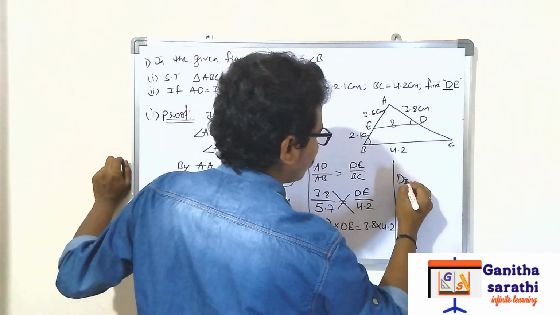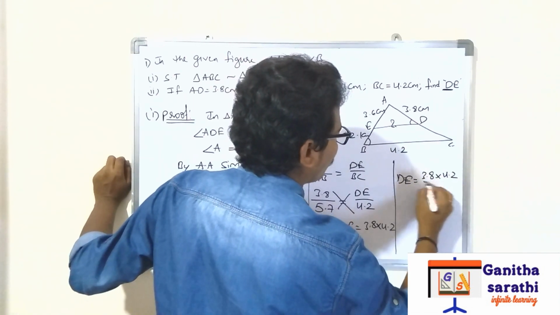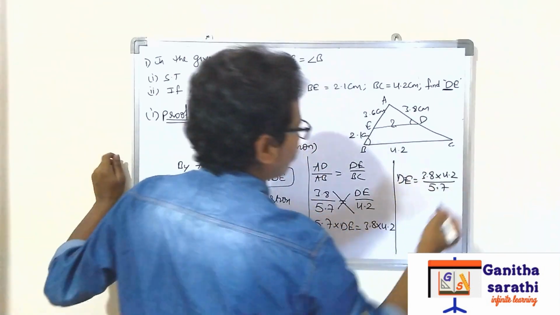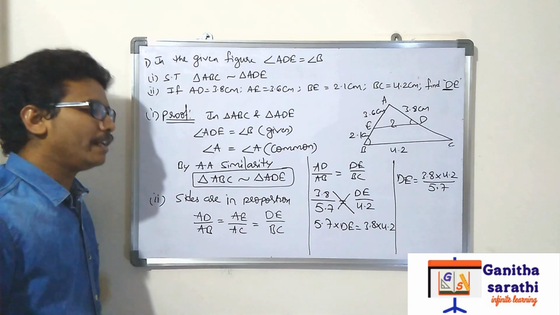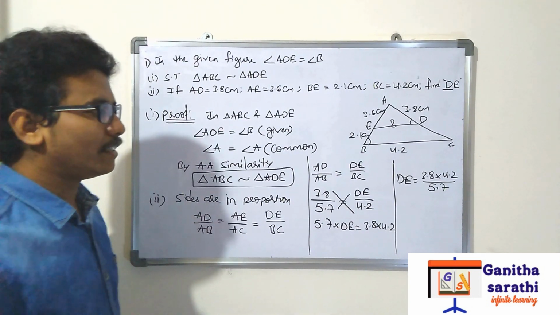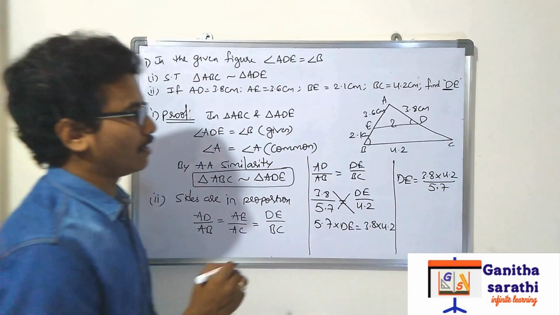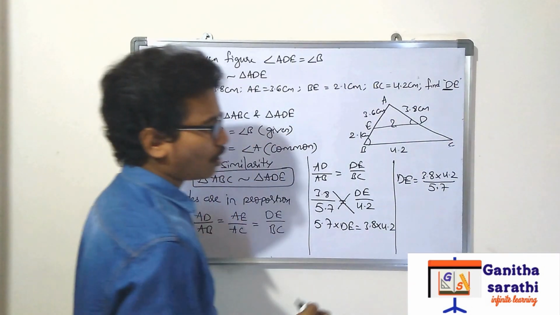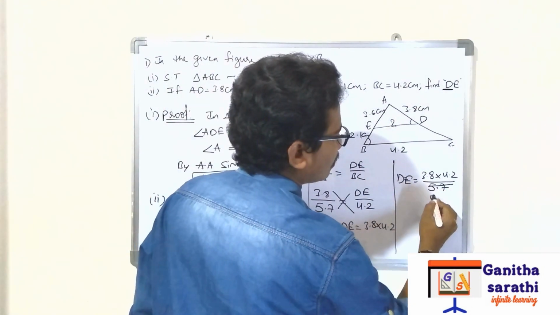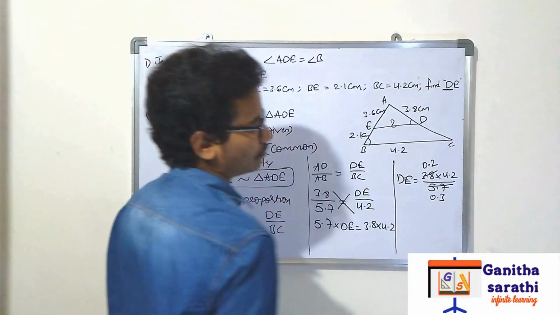So now find DE. DE is equal to 3.8 into 4.2 by 5.7. How can we find this? In the 19 table you can find, right? 19 twos are 38 and 19 threes are 57. So here 5.7 is there, so we can write 1.9 and 3.8 as 19 into 0.3 and 19 into 0.2.